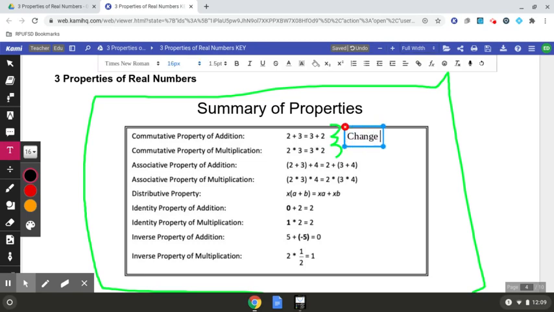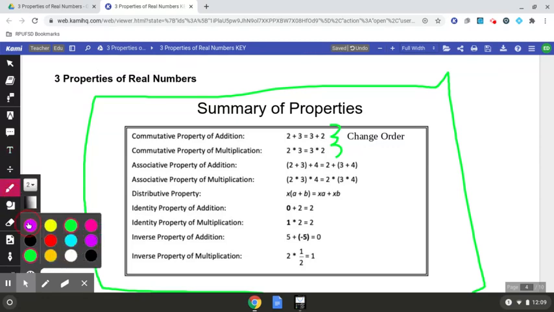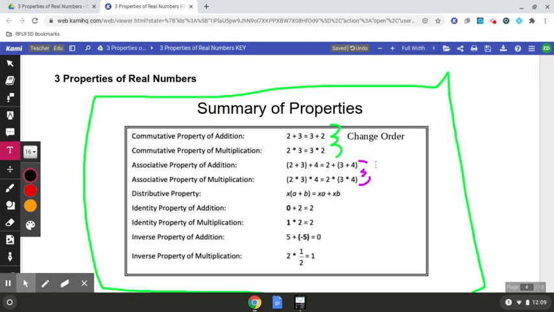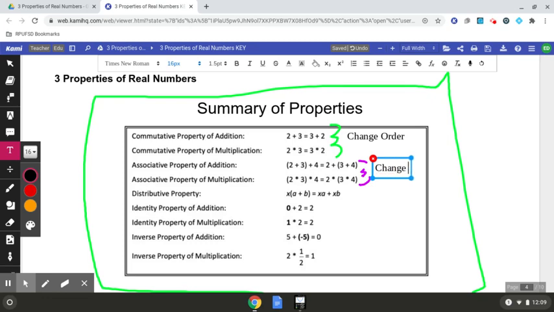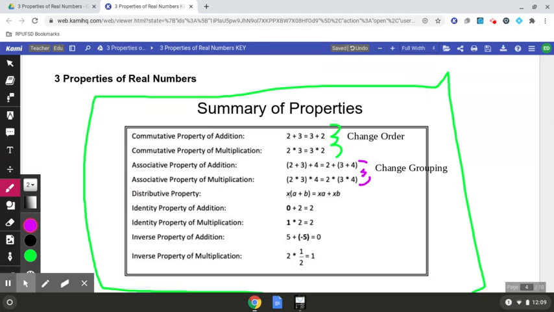My associative property says that I am changing the grouping. My distributive property says that I'm taking my term on the outside and I am multiplying it by what's on the inside.